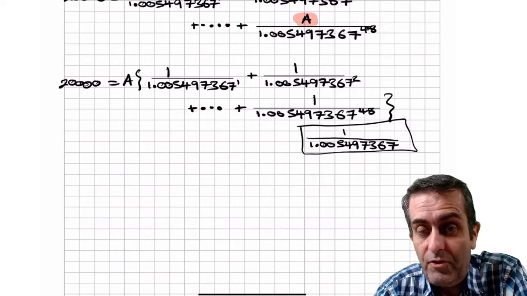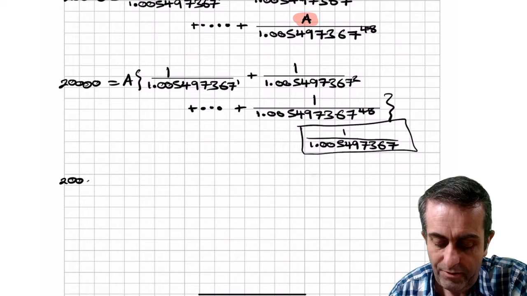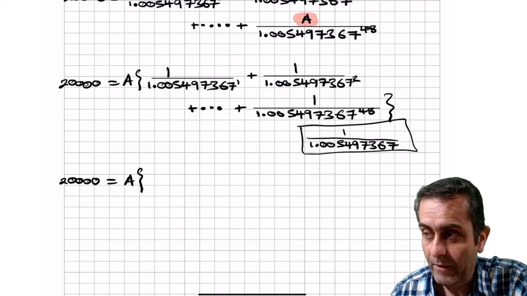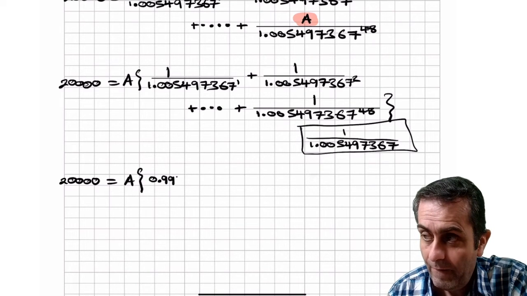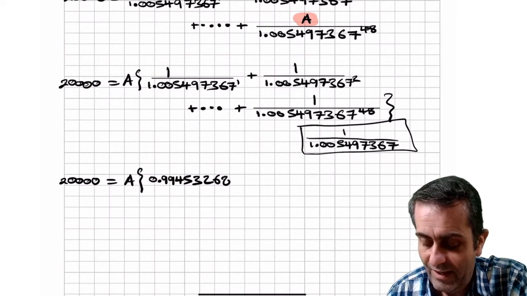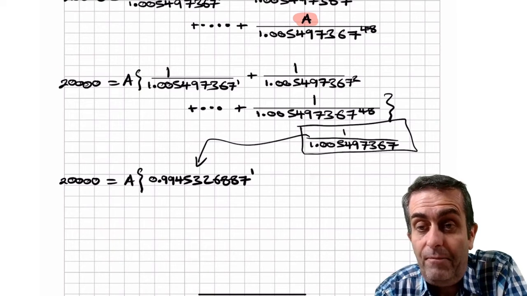And it makes our question much, much simpler, as in the following step. So 20,000 equals A into 1 divided by that number, which is 0.99453268887. So this number here is equal to this number here.